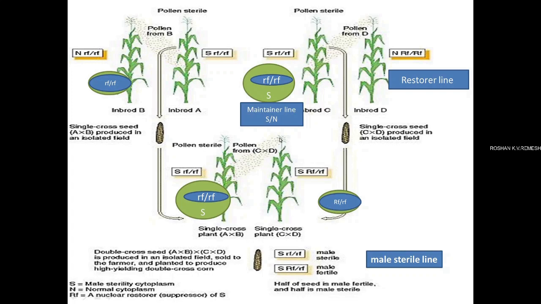So the pollen is obtained from the D line, and that pollen is used to pollinate the flowers of the C line.